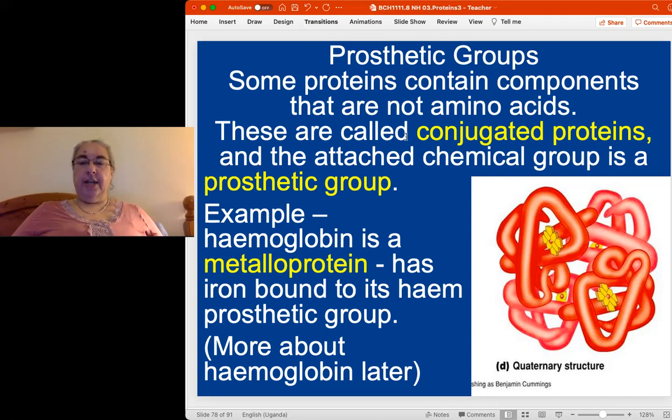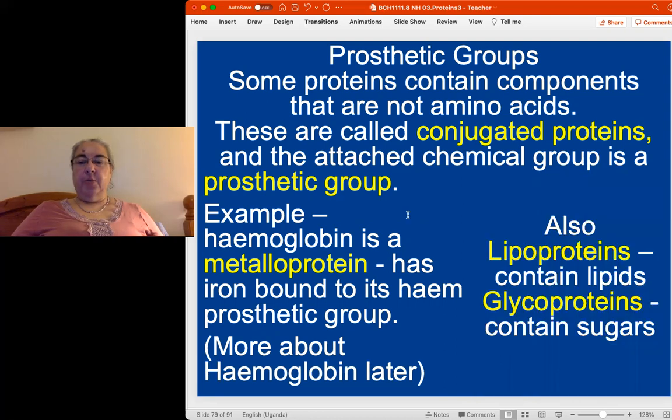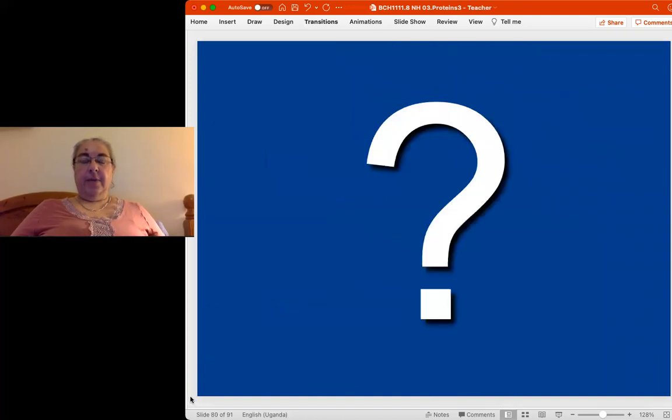So it's a conjugated protein, and the attached group is called a prosthetic group. So a metalloprotein is one example. Another example would be a lipoprotein, which has a lipid part attached to it, or a glycoprotein, which has a sugar part attached to it. Okay, any questions on that?